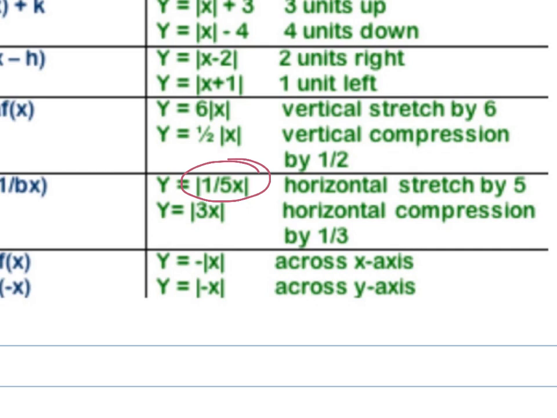And this is a horizontal stretch by 5. So we just take the reciprocal of what's being multiplied. For the second example, we see y is equal to the absolute value of 3 times x. So x is being multiplied by 3. So this would be a horizontal compression by 1/3. So we just take the reciprocal of 3.